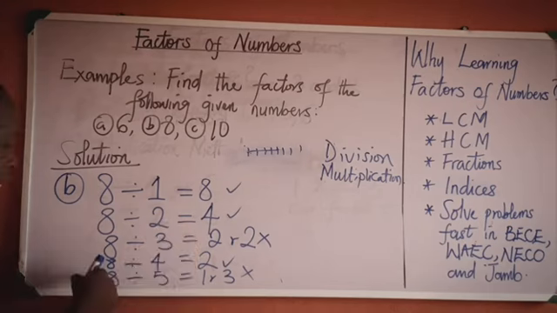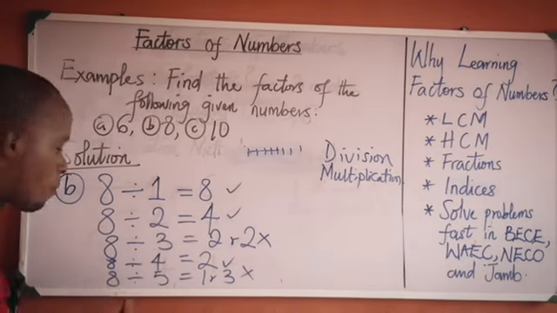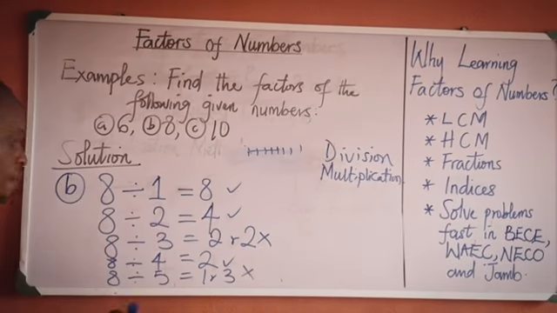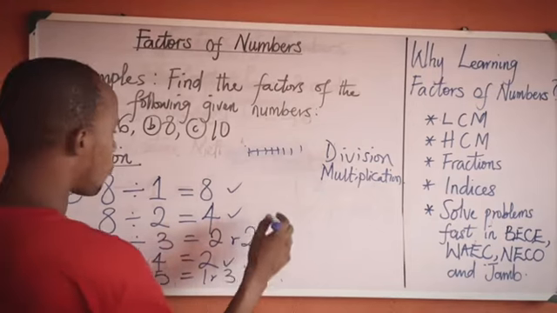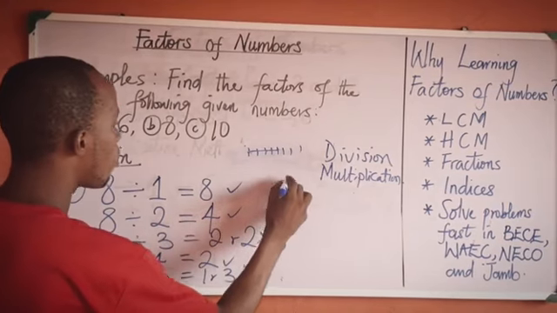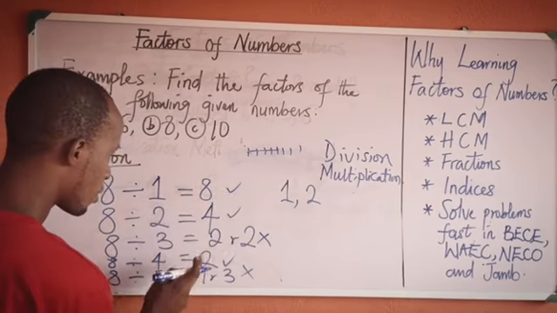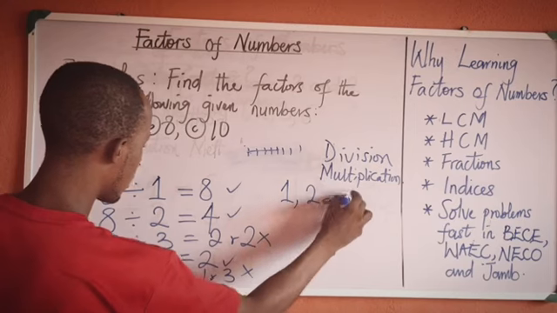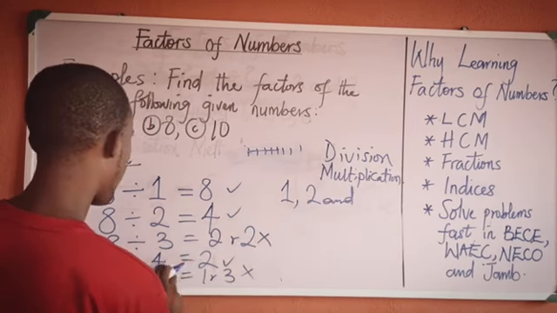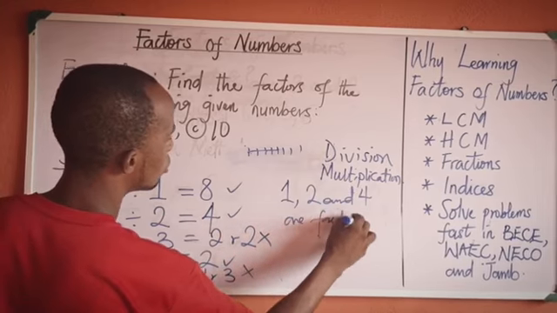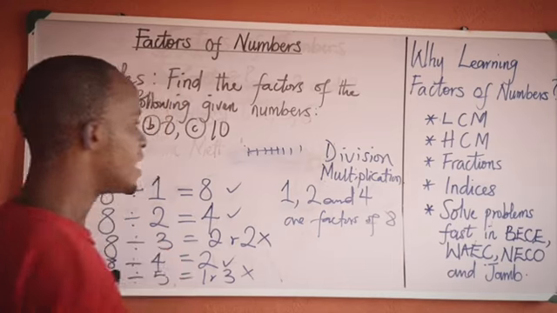And that shows that 8 itself, like I said before, is a factor of itself. So, therefore, we can say that the numbers 1, 2, 4, and 8 are factors of 8.